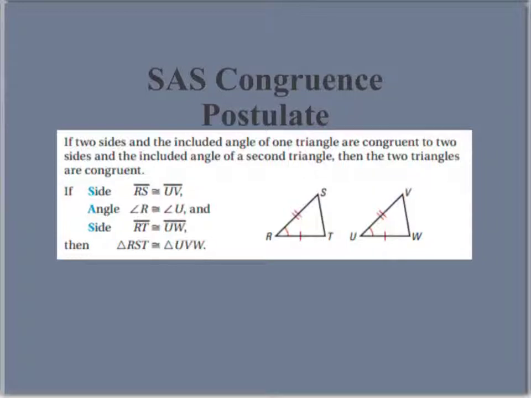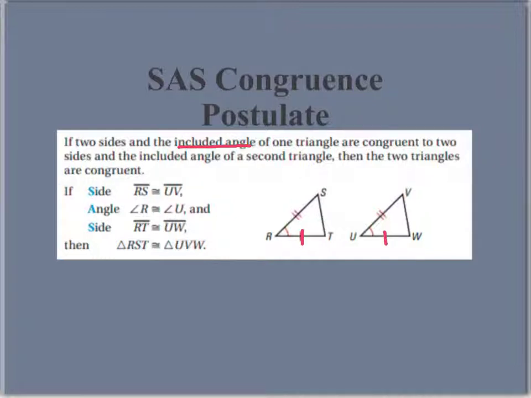The side angle side congruence postulate basically says if two sides and the included angle, the angle between the two sides, of one triangle are congruent to two sides and the included angle of a second triangle, then the two triangles are congruent. So you've got the first triangle with RT being congruent to UW on the second triangle.